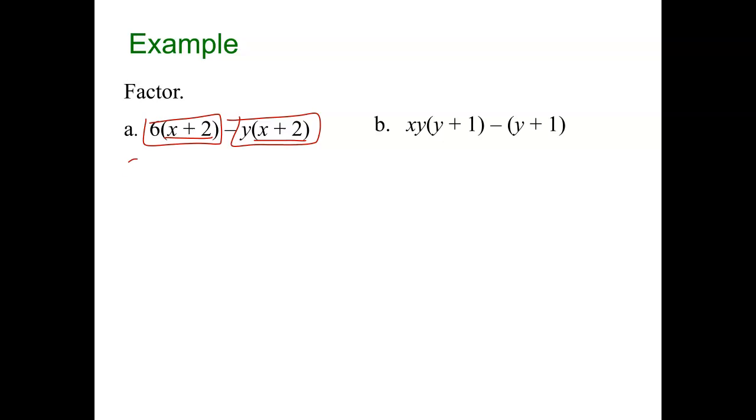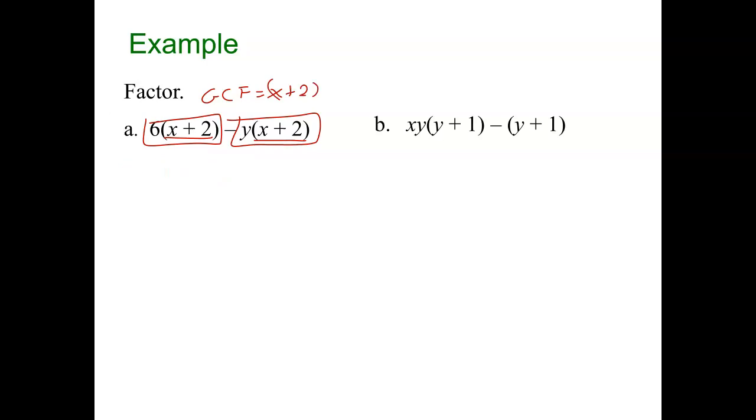So, for this, my greatest common factor is the quantity x plus 2. Both of those terms have something being multiplied by x plus 2. Because it's in that parentheses, that entire grouping is a factor. And since they both have that in common, it's the greatest common factor. Now, the greatest common factor is x plus 2.